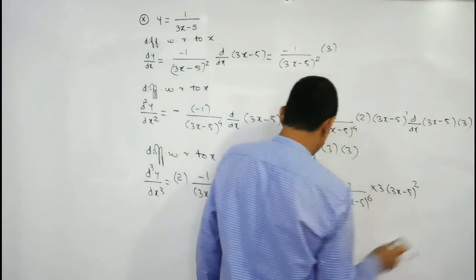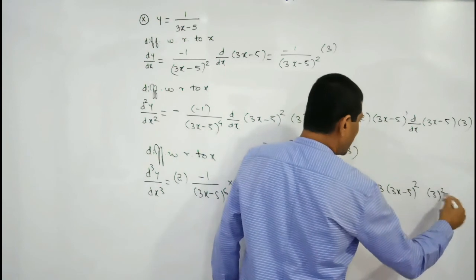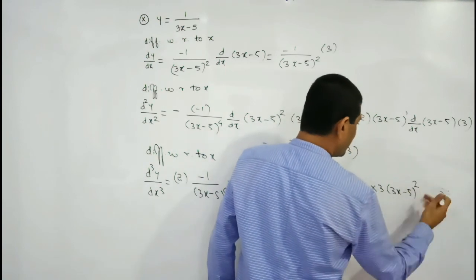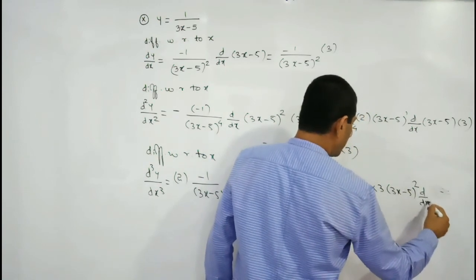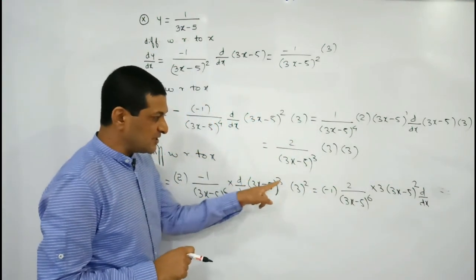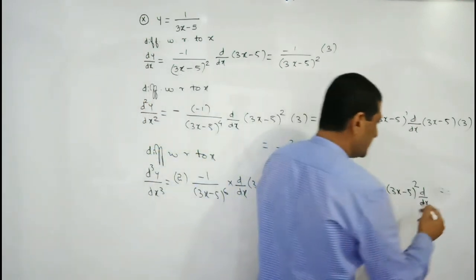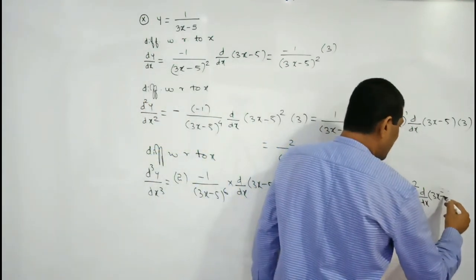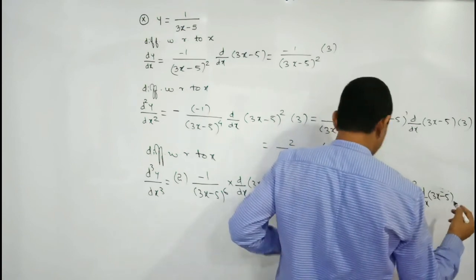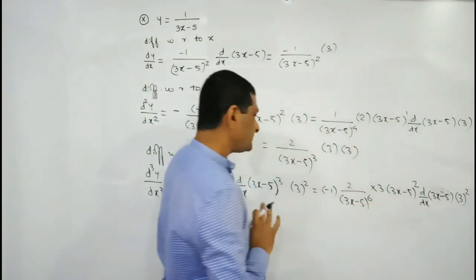The new power will be 2. And keep this 3 square as it is. Sorry, into the derivative of f of x. I forgot to write the derivative of f of x. Again observe: first take the power of f of x as coefficient, decrease the power by 1, then the derivative of f of x, meaning the derivative of 3x minus 5, and keep this 3 square as it is.